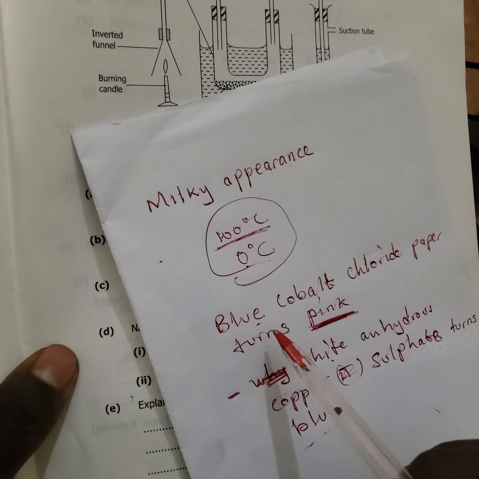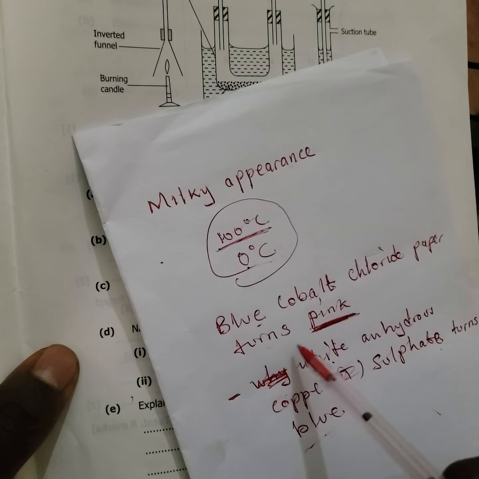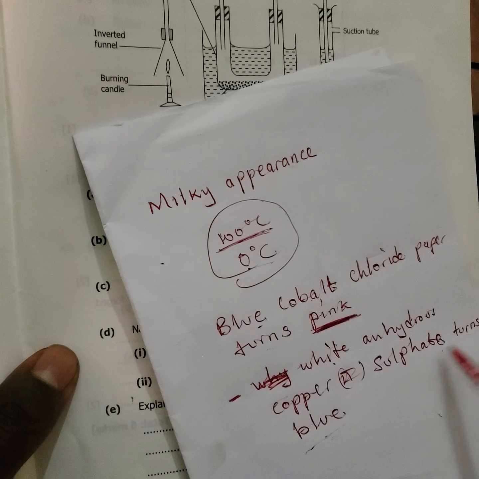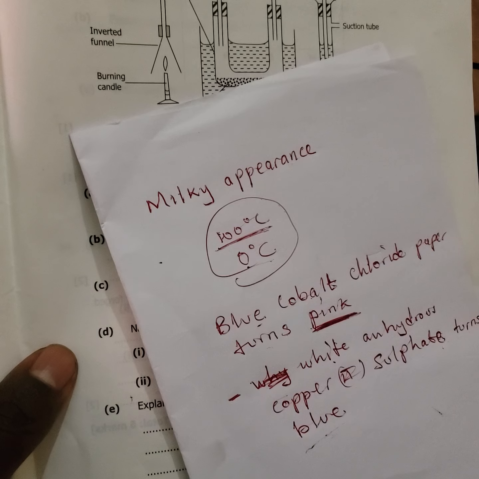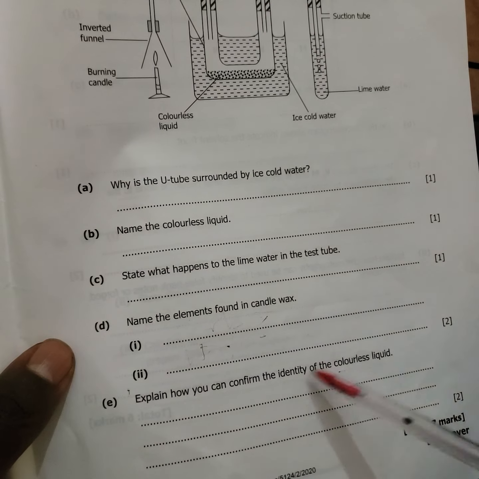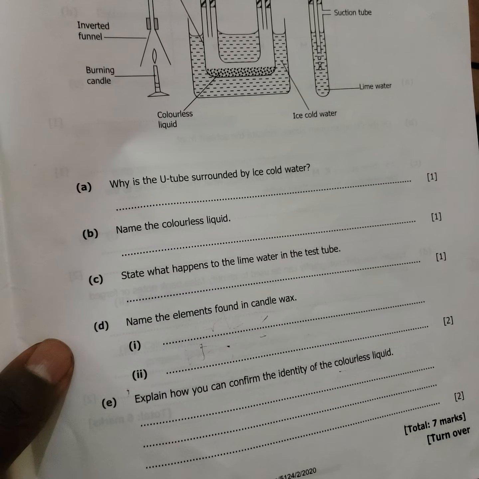The second one is the blue cobalt chloride paper turns pink. And the last one, the white anhydrous copper 2 sulfate turns blue. So these are the answers, and that is how you can answer this question.